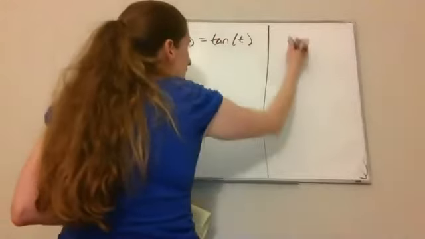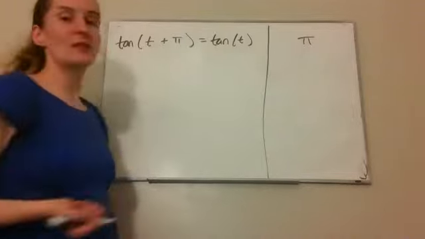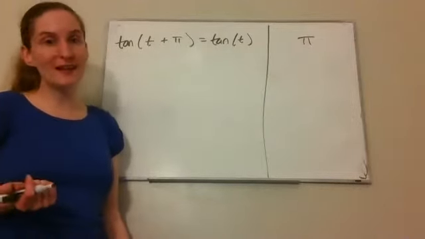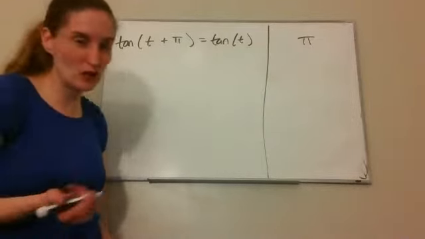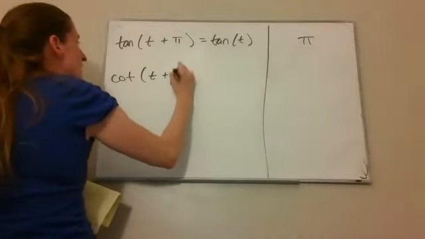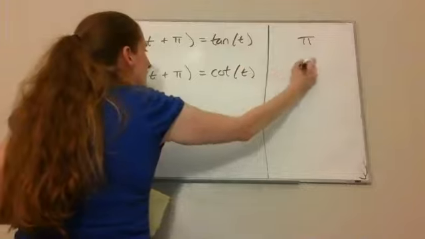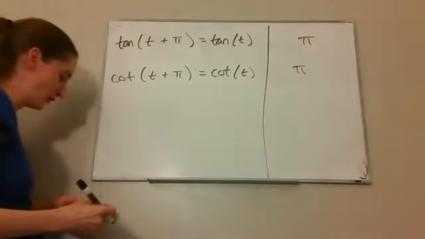So the period of tangent is just pi instead of 2 pi. That just means the values for tangent repeat every pi rather than just every 2 pi. And same with cotangent. That period is also pi.